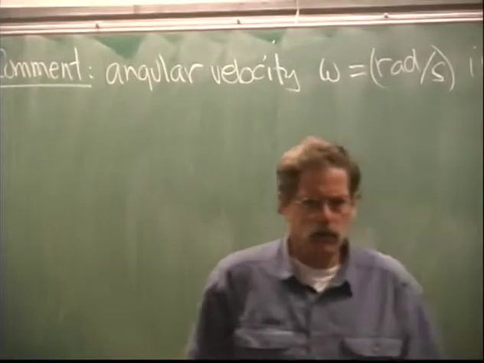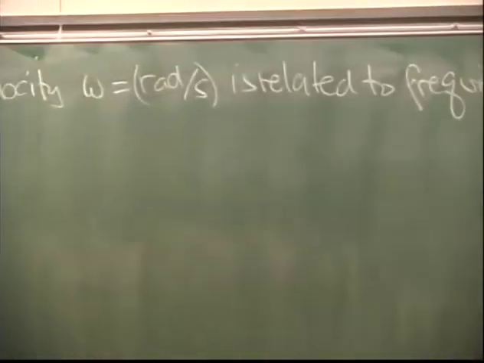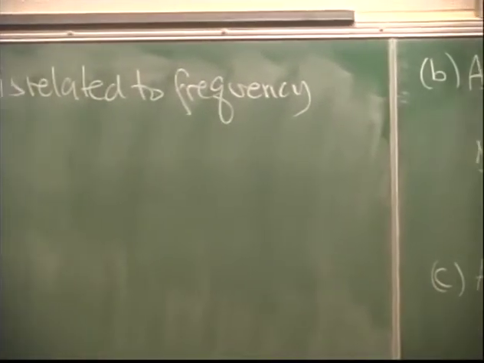If somebody's selling you a machine or something, they're probably going to tell you the number of revolutions per second, the frequency that it operates at, not the angular velocity, although angular velocity is easier for physicists to work with.